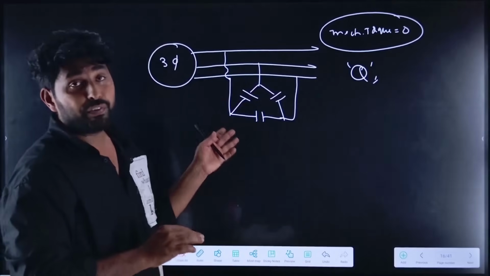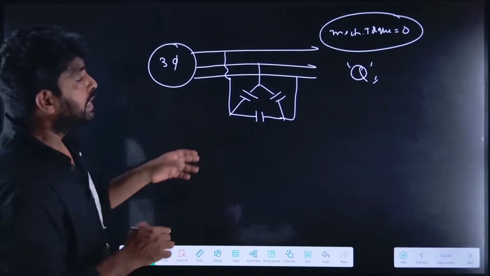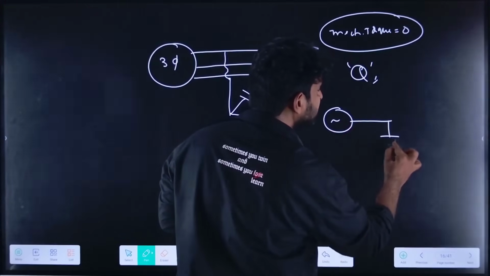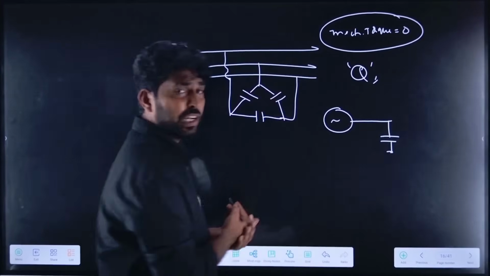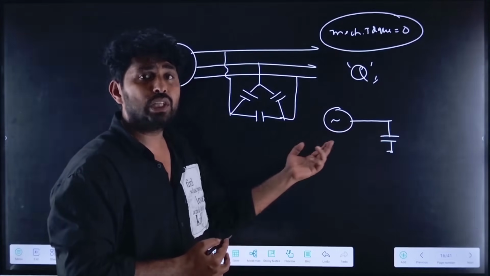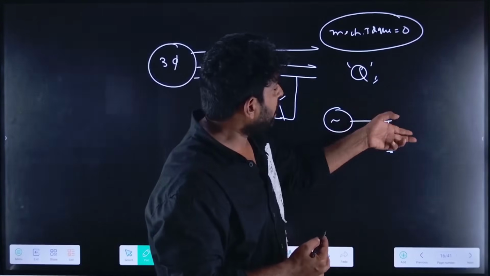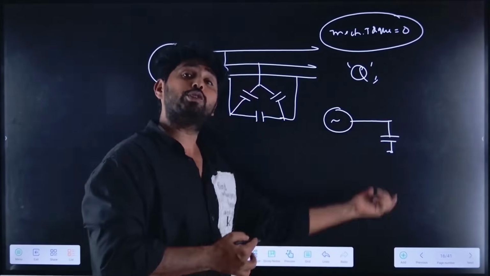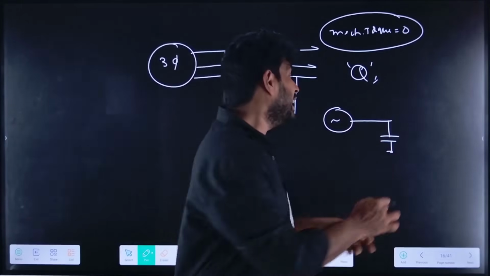For the same case, if I connect a single-phase generator to the capacitive load, the power is oscillating. The reactive power is oscillating, so the power flows from the source to the load and the load to the source. Here we can define it.